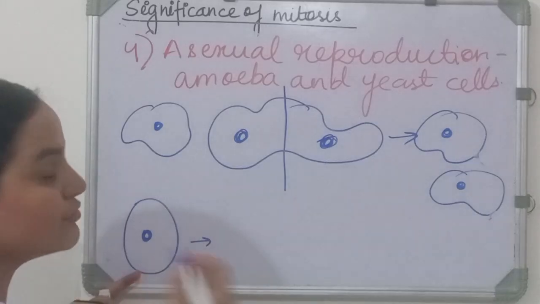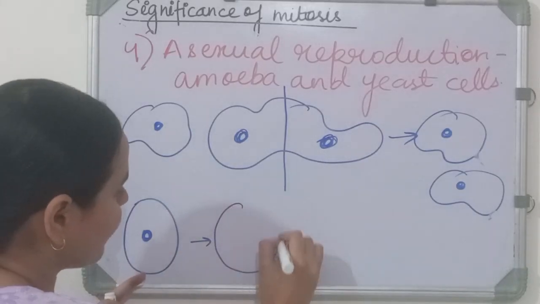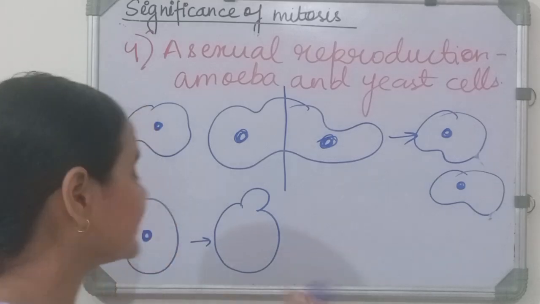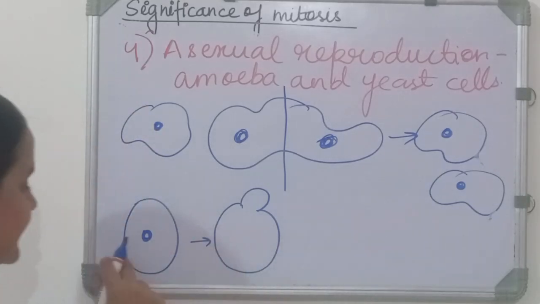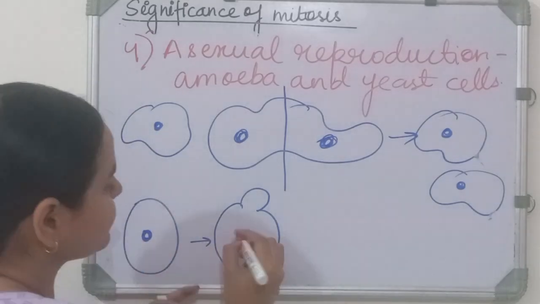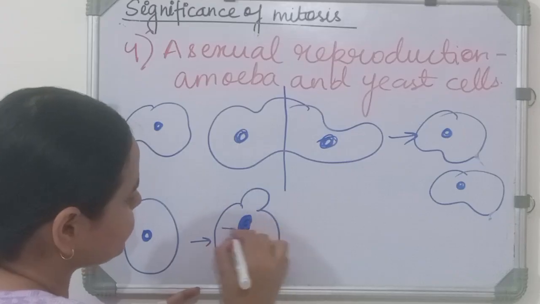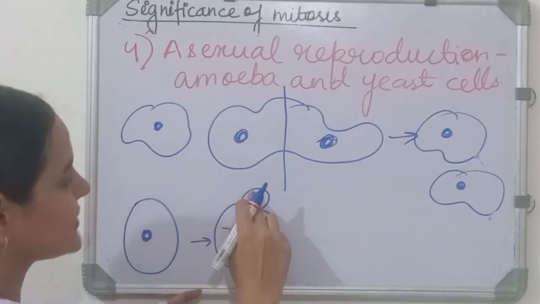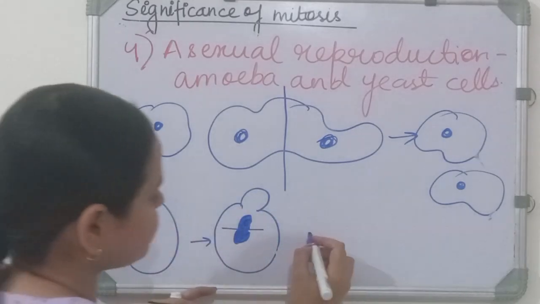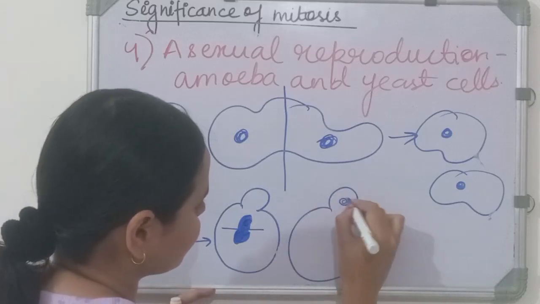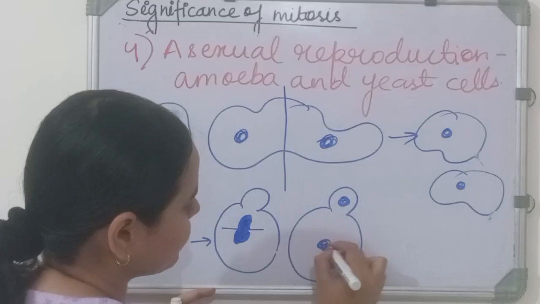Over time, due to mitosis, a small bud is formed. This small bud is an outgrowth in the parent yeast cell. Its nucleus also divides like this, and half of the nucleus is transferred to the bud.